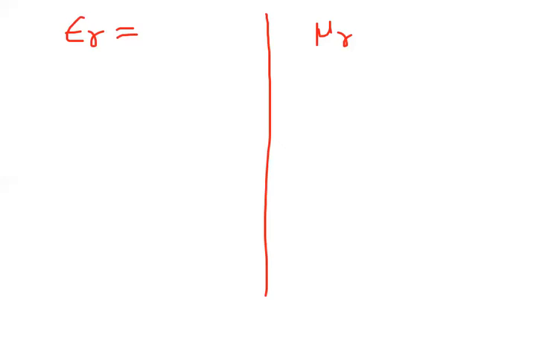Now the next topic. About the force we discussed, we have to know one more term in both cases: epsilon r and mu r. Epsilon r is the ratio of permittivity of medium to permittivity of free space or vacuum. Mu r is the ratio of permeability of medium to permeability of vacuum.